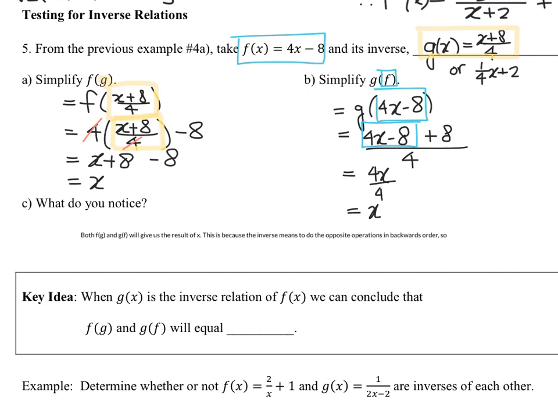So the operations of g of x will cancel out the operations of f of x and vice versa.